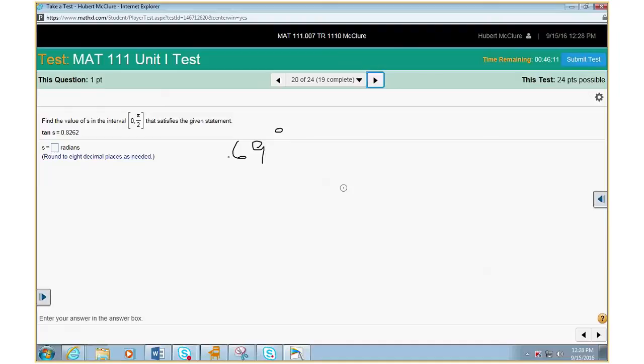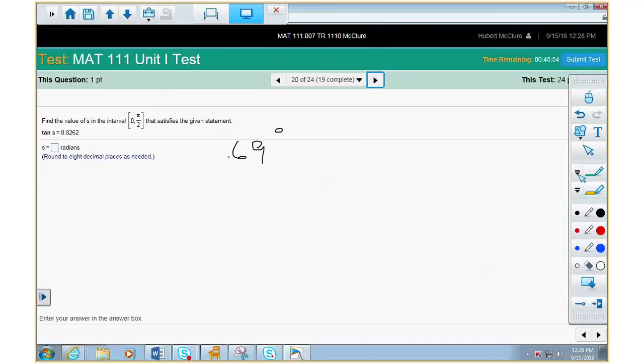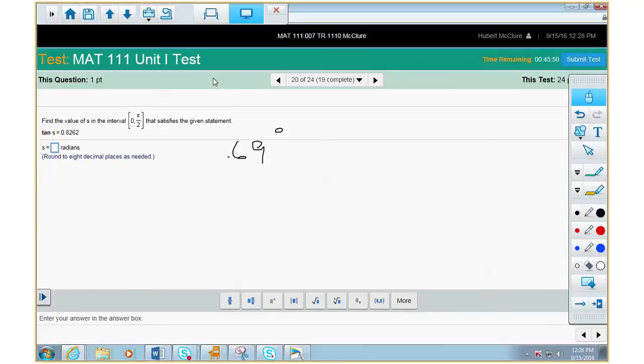It all depends on what your calculator's in. What is your calculator in? Radians? Degrees. See? Okay, so you suck. No, I'm just kidding. Turn it into radians. What do you come out with? Okay, so that's okay. That's the answer. 0.69.